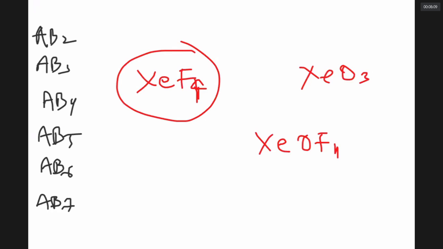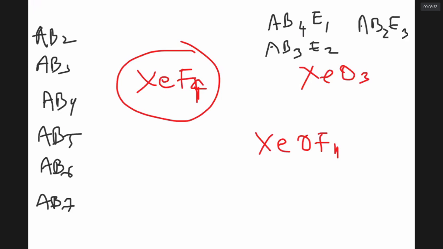Sometimes the central atom has not only bond pairs, it can also have lone pairs. It can be AB4E type, where E means lone pair, or AB3E2, or AB2E3. Some molecules may have lone pairs, some may not. So you classify a molecule as ABxEy.